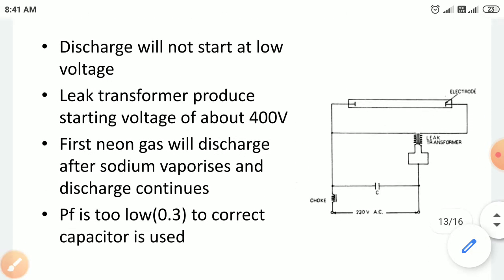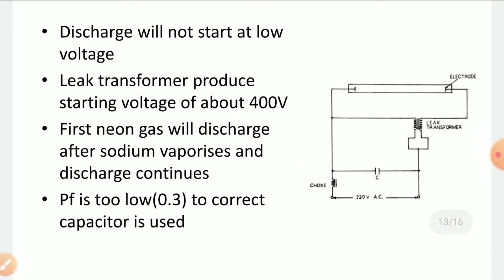This discharge will not start at low temperature. If you apply the supply voltage of 230 volts, then the electrodes present on both sides of the tube start heating. I think you have observed in street lighting that once you start the lamps, they will not glow completely for 10-15 minutes. Why?